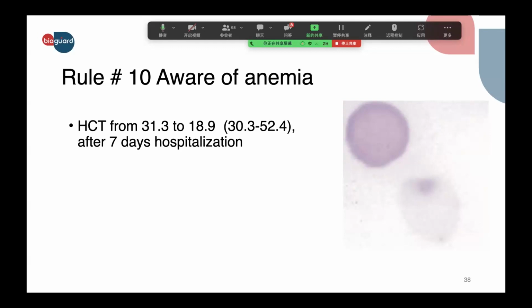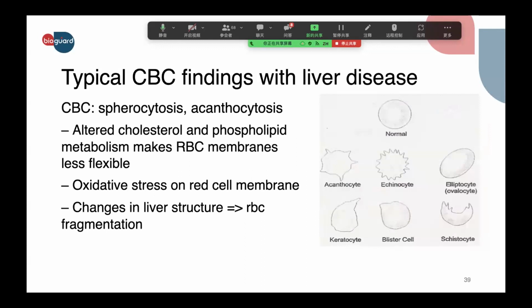Why does this happen? It's because in hepatic lipidosis or liver disease, cats alter the cholesterol and phospholipid metabolism and make the red blood cell membrane less flexible. And once oxidative stress happens, it will make the red blood cells rupture.